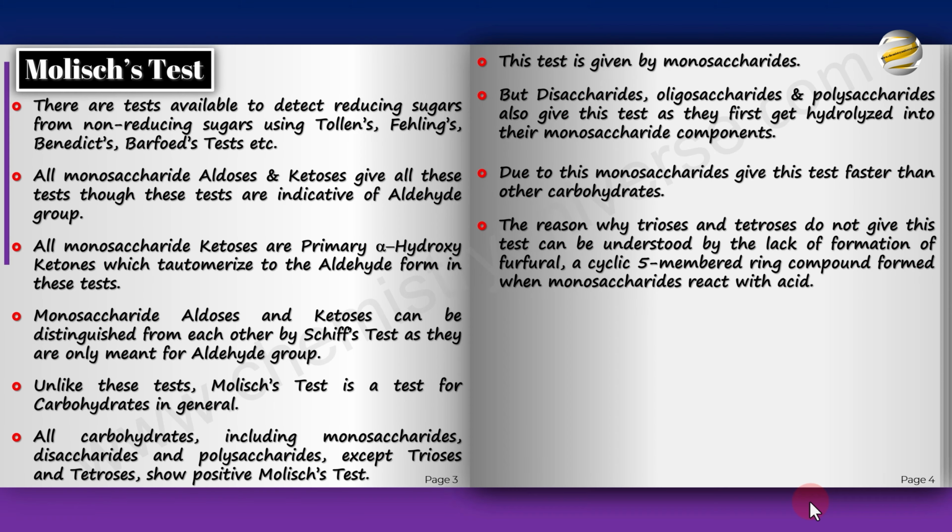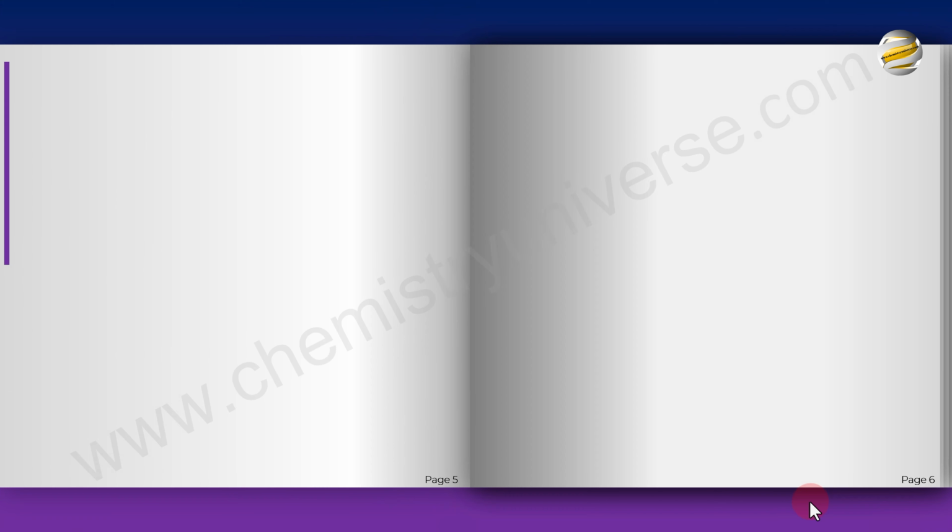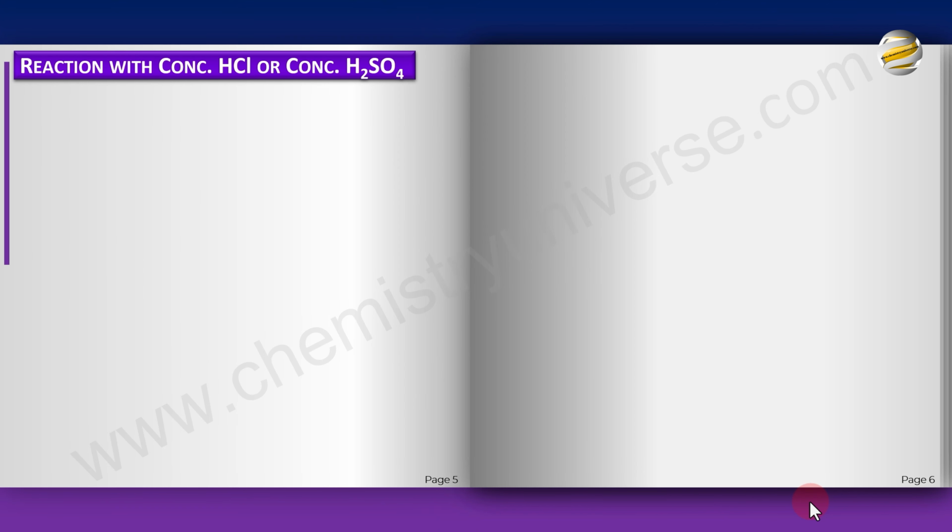So let's first of all understand what this furfural is. Whenever a monosaccharide reacts with concentrated HCl or sulfuric acid, and if it is a 6-carbon compound or a 5-carbon compound, it tends to form furfurals. For example, let's take glucose.